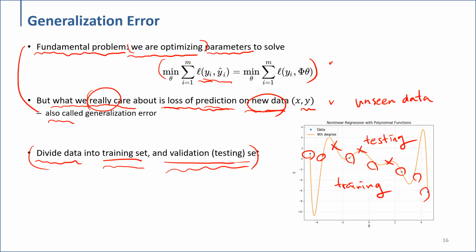So by using only this training data set, let's make a regression model and test it on this unseen data set. So that's one way to avoid this generalization error.